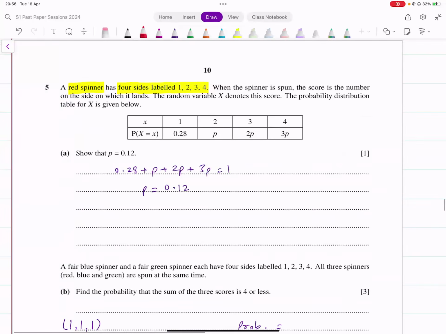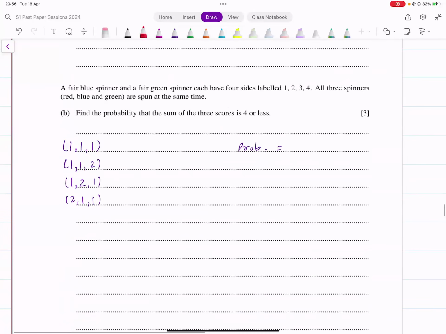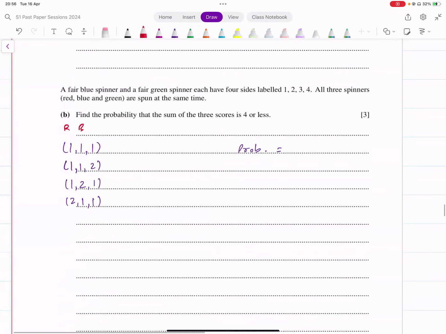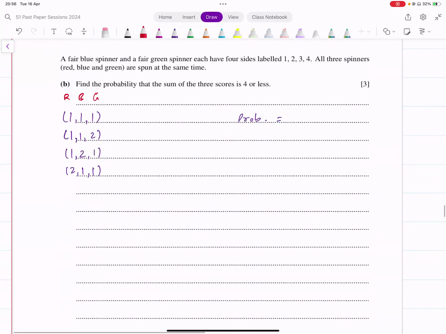Let's assume we have these 3 spinners like this. The first is red, let's say, the second is maybe blue, and then you have green. These are the possible outcomes you could have. Now, what is the probability of 1, 1, 1?